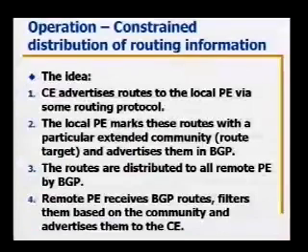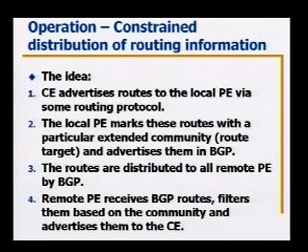So what is our goal? Our goal is to have all the customer sites have routing information for all the other customer sites, so they are able to forward traffic towards them. So each CE is going to advertise to the local PE the routes from its side via some routing protocol, and at this point it's not interesting which routing protocol is used.